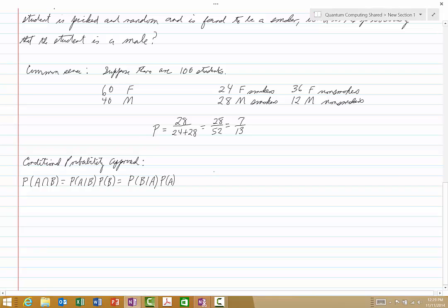Let M be the event that a student is male, F be the event that a student is female, and S be the event that a student smokes.